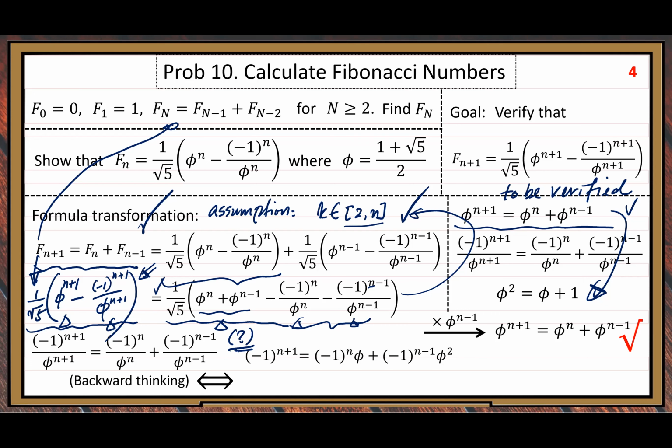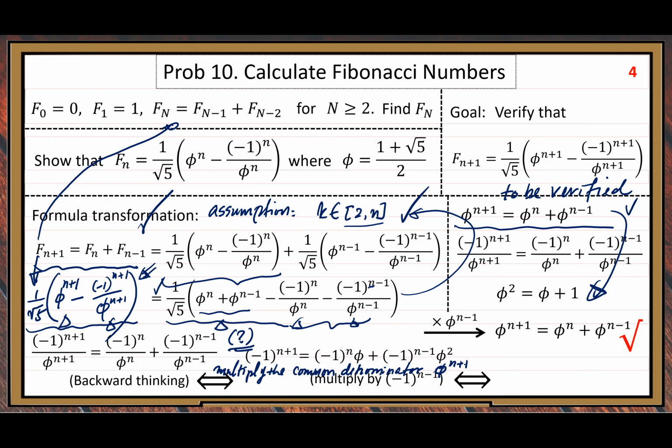We multiply the common denominator phi to the n plus 1 on both sides. Then you get the second equality. Backward thinking, not done yet. We'll keep going.